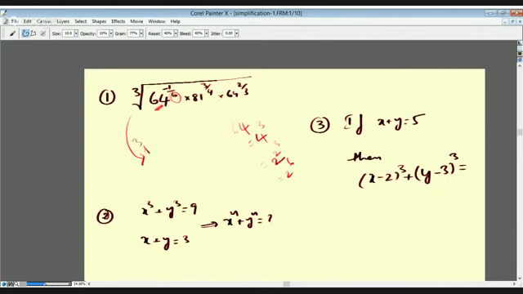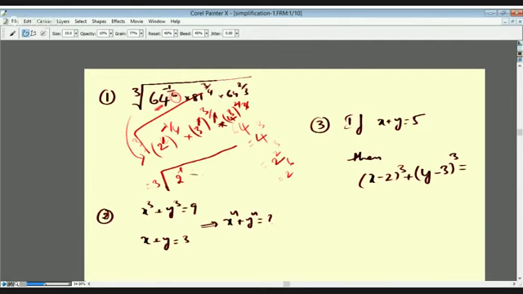So cube root of 2 power 6 whole to the power of minus 1 by 6, and 81 is 3 power 4 whole to the power of 3 by 4, and 64 is nothing but 4 cube, whole to the power of 2 by 3. So friends, 3 will cancel, 4 will cancel, and 6 will cancel. So this will become cube root of 2 power minus 1 into 3 cube into 4 square.